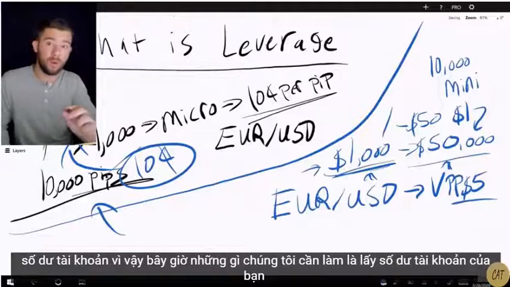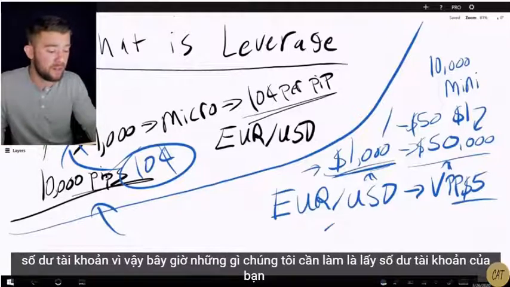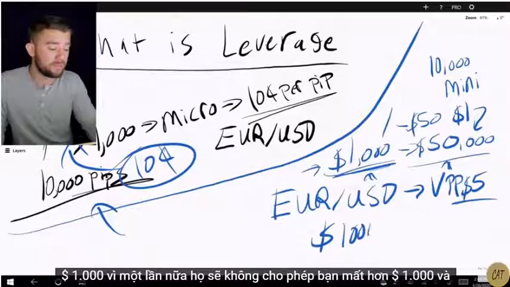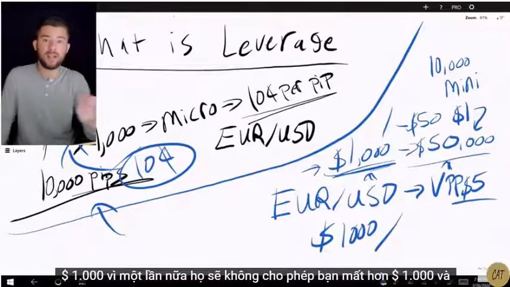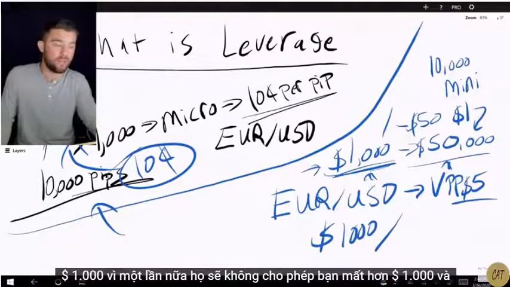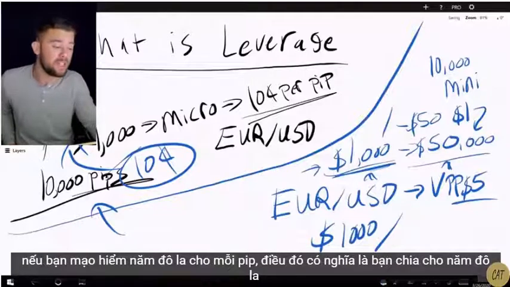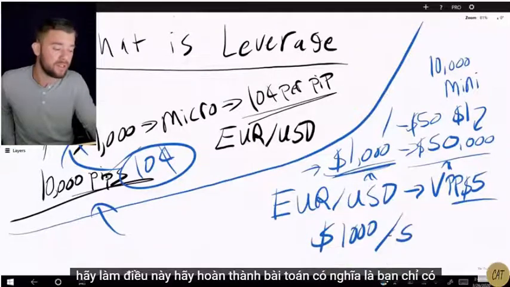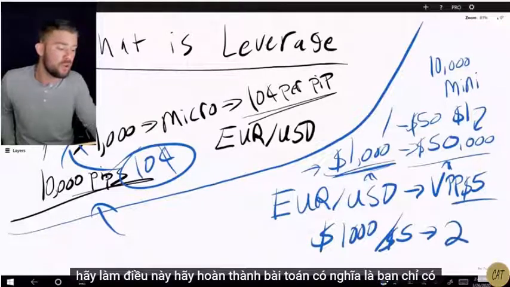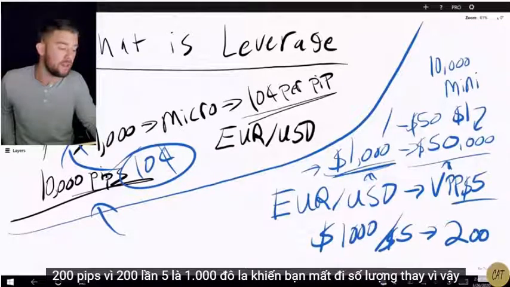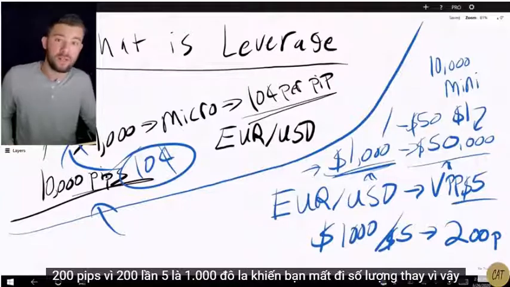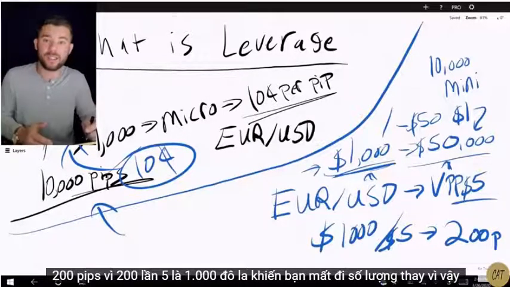So now what we need to do is take your account balance of $1,000, because again, they're not going to allow you to lose more than $1,000. And if you're risking $5 per pip, let's finish the math: $1,000 divided by $5 means you only have 200 pips, because 200 times 5 is $1,000. That takes your account away.